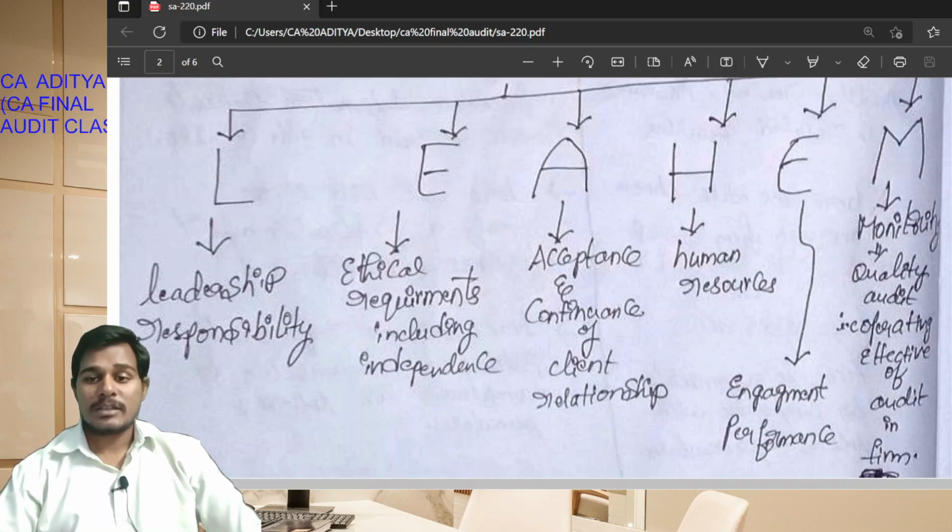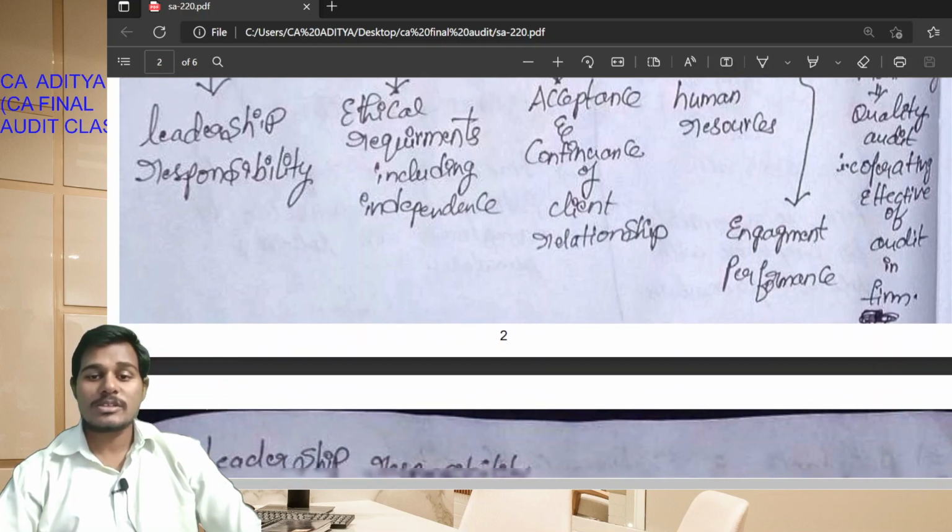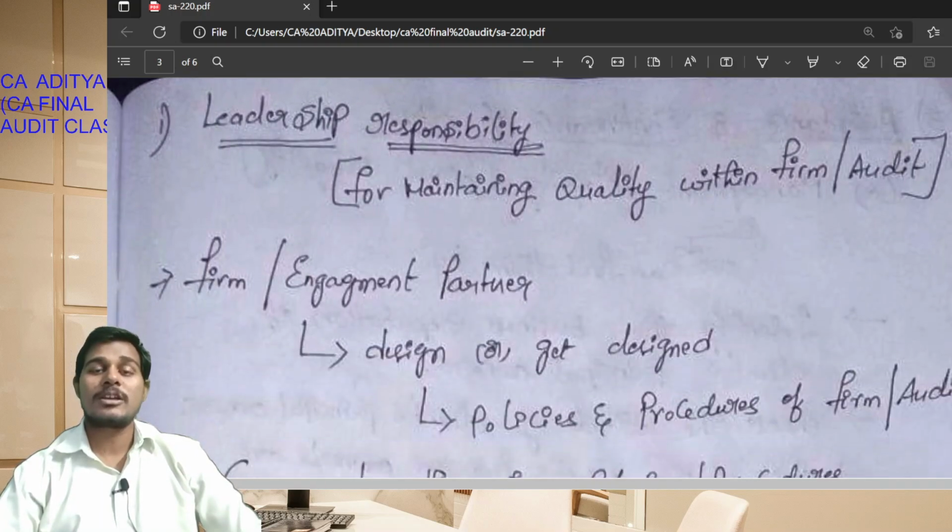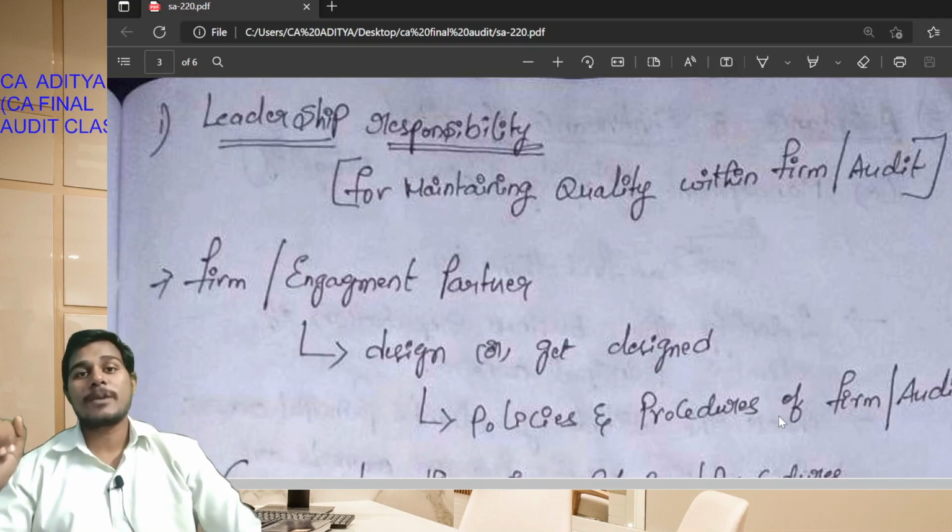Okay students, let's see them in brief. What is meant by leadership responsibility? What is the purpose of leadership responsibility? For the purpose of maintaining quality within the CA firm or within the audit.